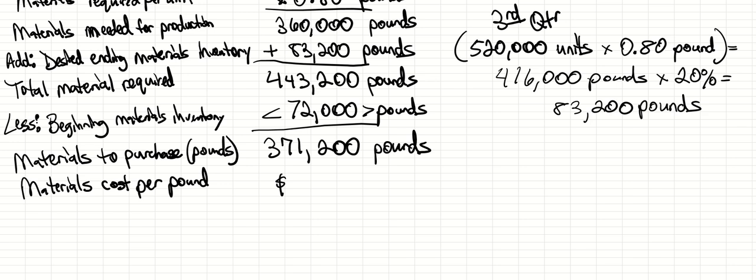So this is going to be $1.70 per pound, and we're going to multiply this by the 371,200 pounds.